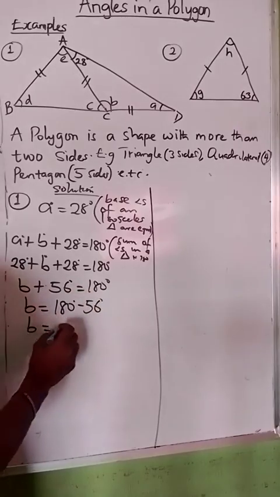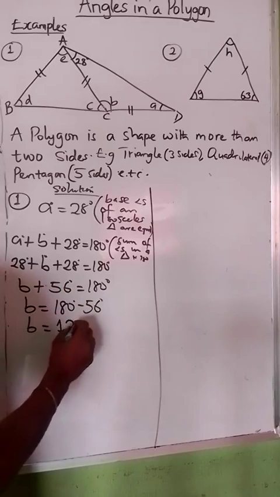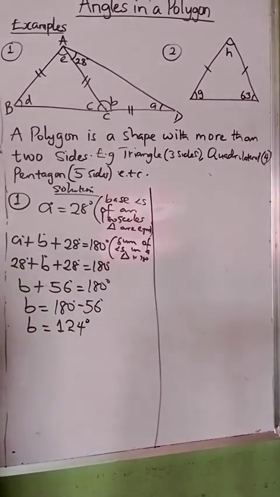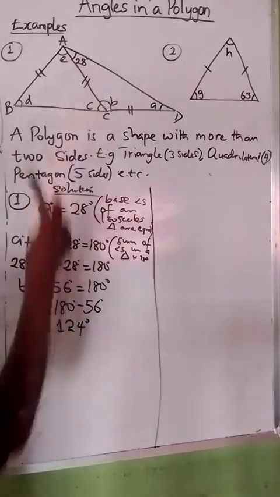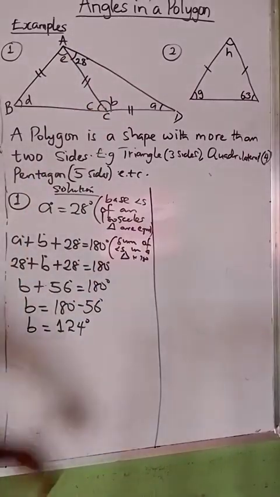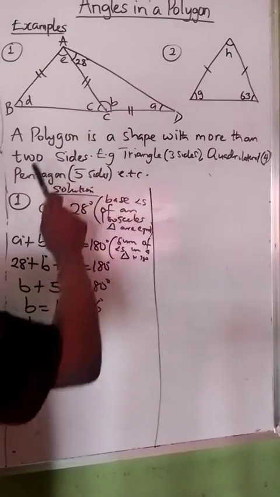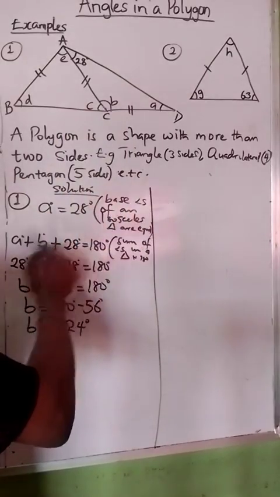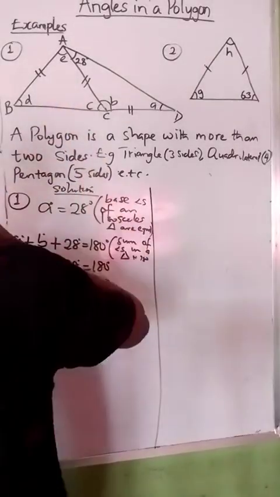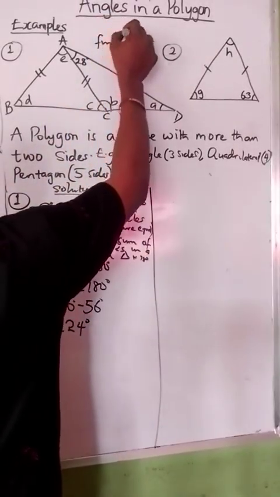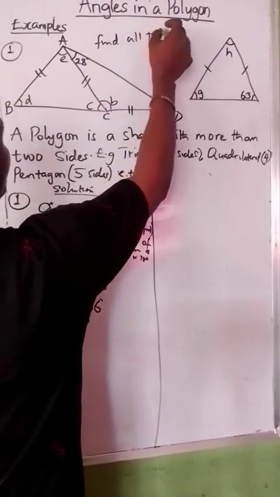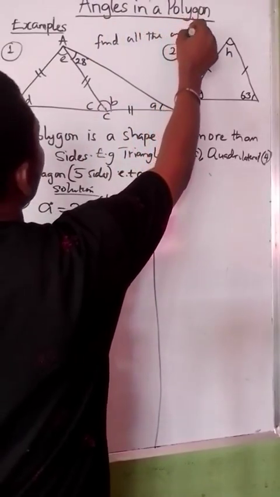So our B equals 124 degrees. Since our B is 124 degrees, remember we have to find all the angles.